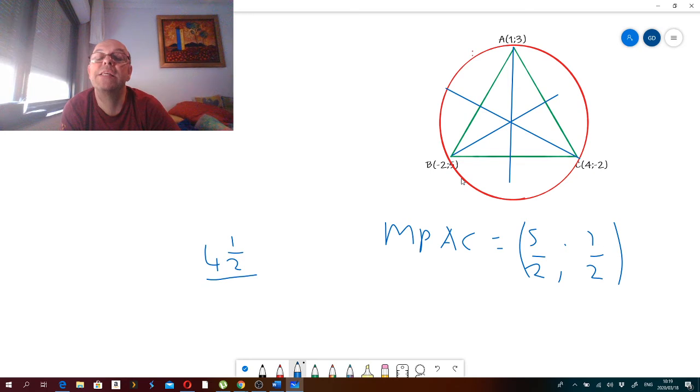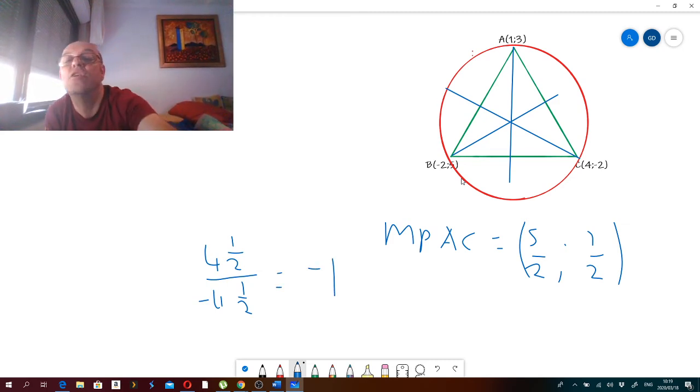And the other one is minus 2 minus the 2.5, which is minus 4.5. Well, that actually makes a nice answer. We didn't have to do too much working out. We get minus 1. So that's the gradient of the line that goes from here to B, or that line that I drew over there.